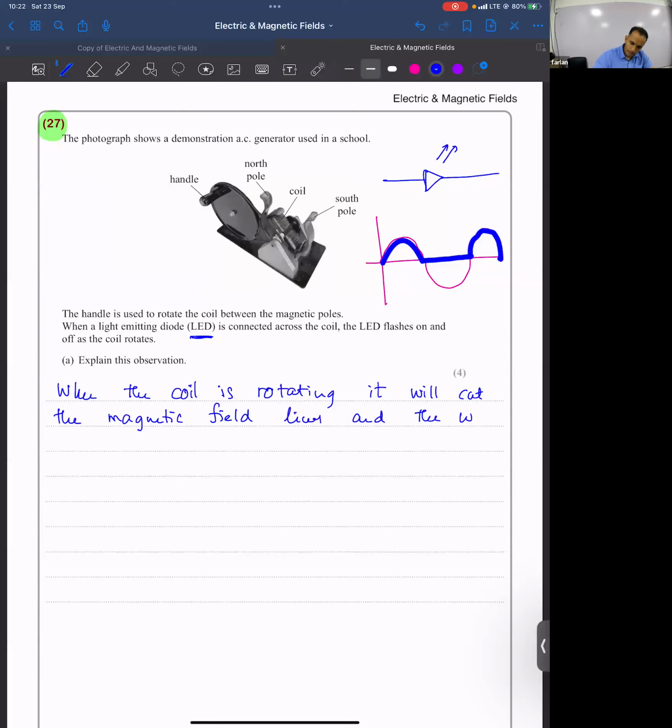And there will be an EMF induced in the coil. Full stop.